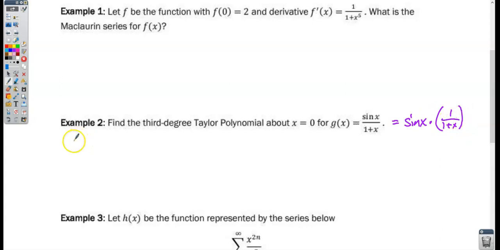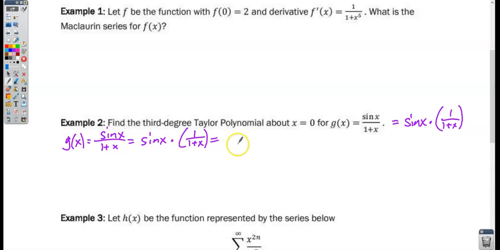And so if I think about g of x is equal to sine of x over 1 plus x, that's equal to sine of x times 1 over 1 plus x. And then I think about the series for these two. Sine of x is what?